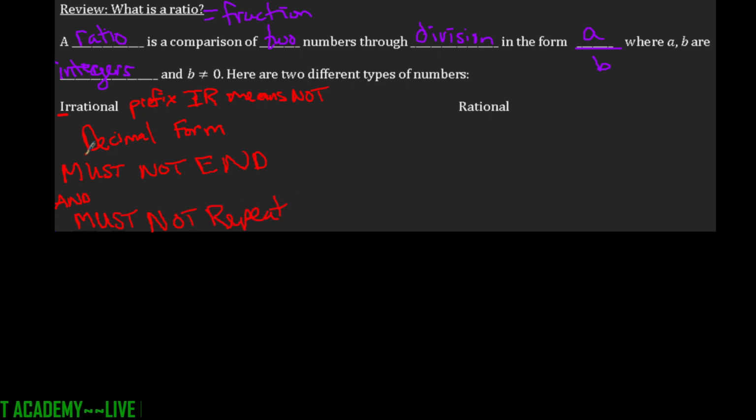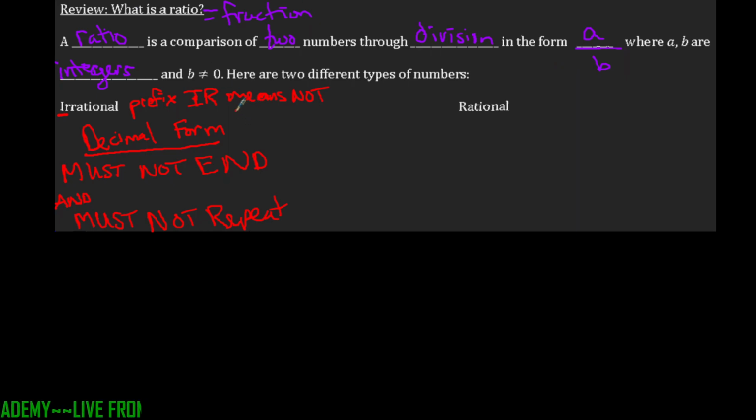So when I'm looking at that decimal form of whatever number I'm looking at, I'm going to say, well, what happens to the decimal? Does it end, meaning does it stop? If it does not, and it does not repeat, then I know it's going to be irrational. If it does either of those things, meaning if it does one or the other, then I can say it's going to be rational.